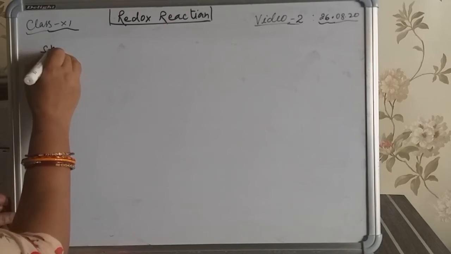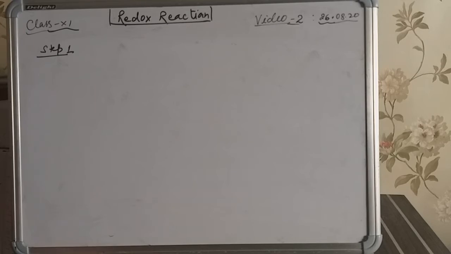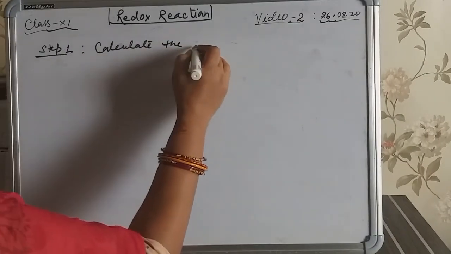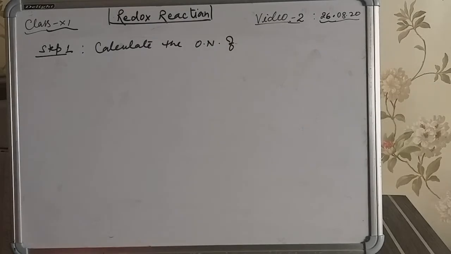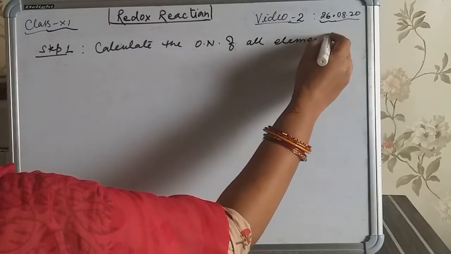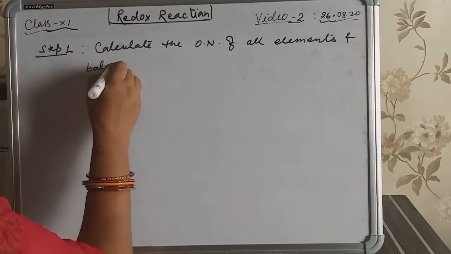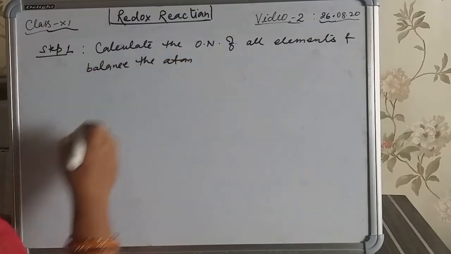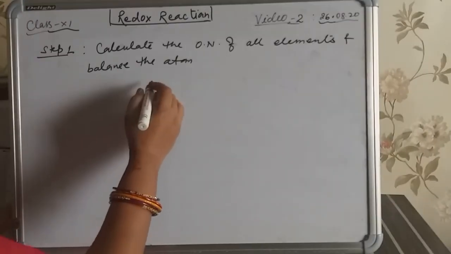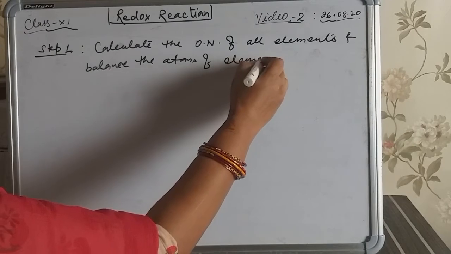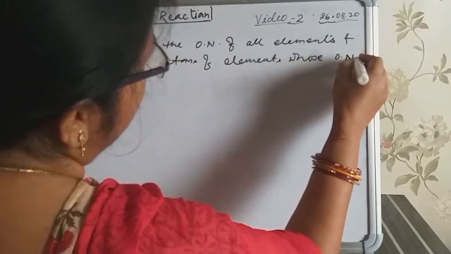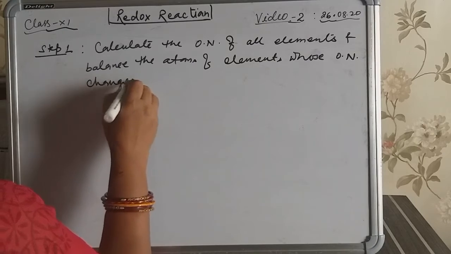Step 1: Calculate the oxidation number of all elements and balance the atoms of elements whose oxidation number changes. This is the first rule.